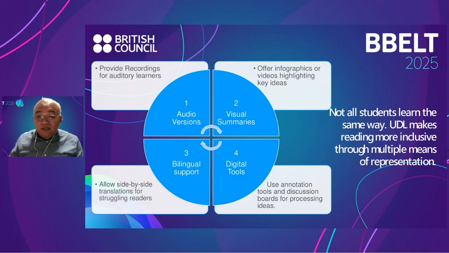On the other hand, we have visual summaries like infographics or images or diagrams, or also giving students some materials that they can use. So, for instance, now with these technological advances, having tools such as ChatGPT or any kind of translator that works as a bilingual support, or digital tools that enable them to feel more comfortable when expressing or accessing information.